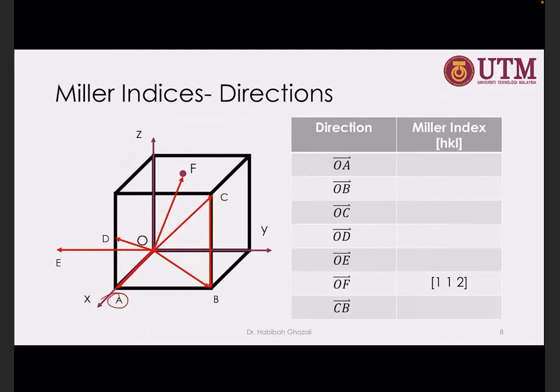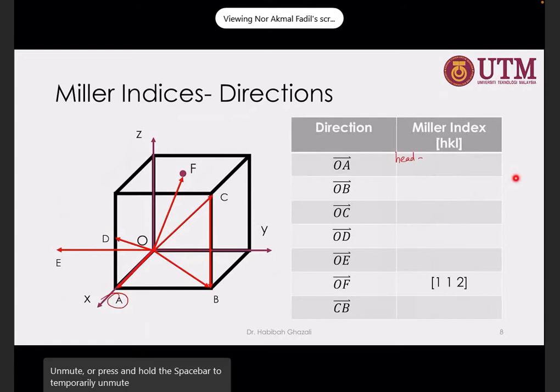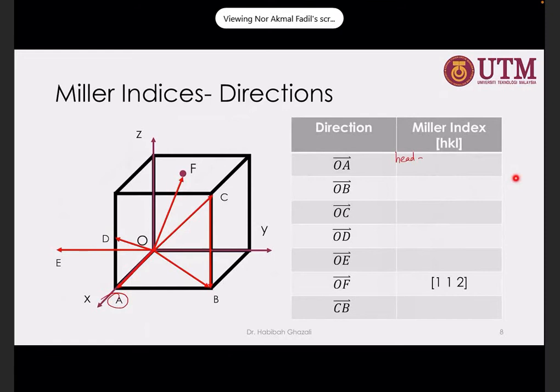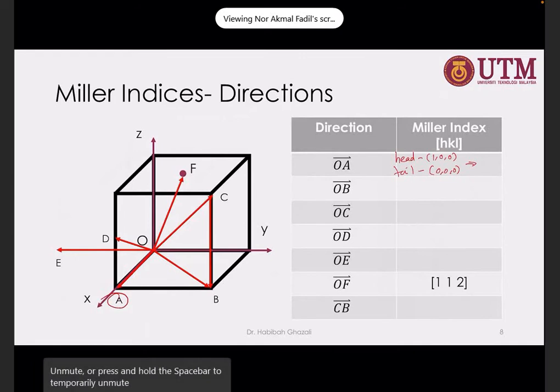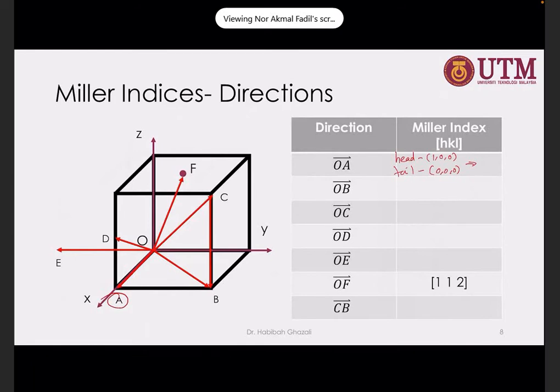For the head, what is the value for head? 100. Tail is 000. So easily you can guess the Miller index. What is it? 100.